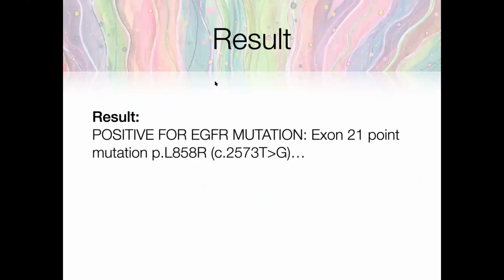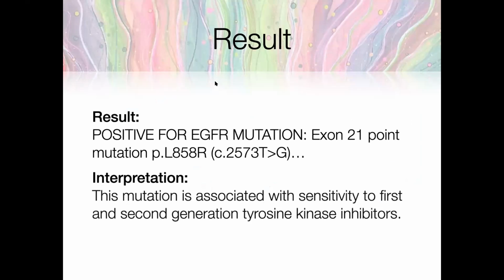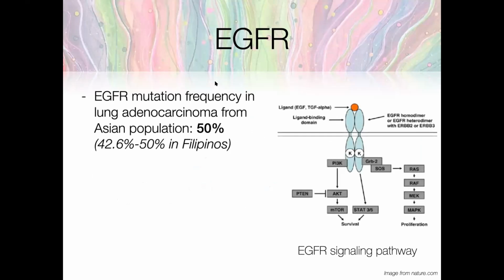Using the Cobas 4800 analyzer, an exon 21 point mutation L858R was detected. And fortunately, this mutation is associated with sensitivity to first and second generation tyrosine kinase inhibitors. EGFR mutation frequency is about 50% in tumors from Asian patients with adenocarcinoma versus 20% in the Caucasian population.